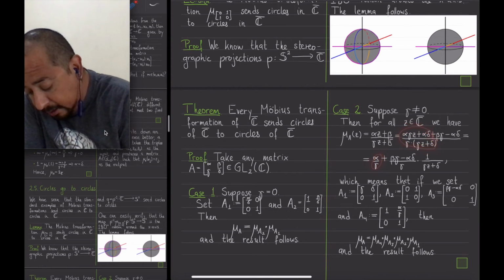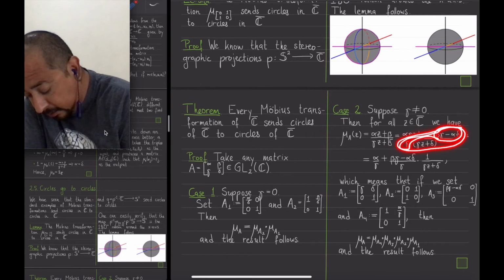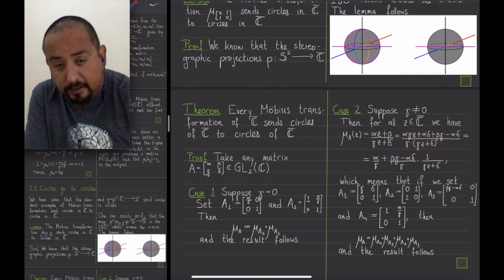Then plus this, which we separate into the part that has only scalars, and the part that involves z, which would be 1 divided by gamma z plus delta.